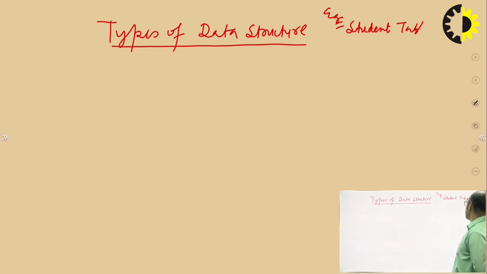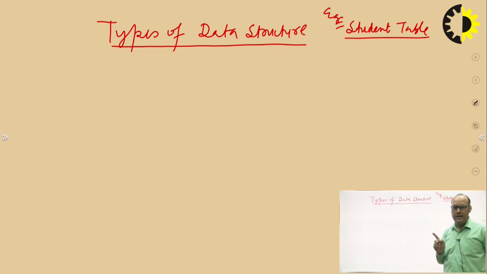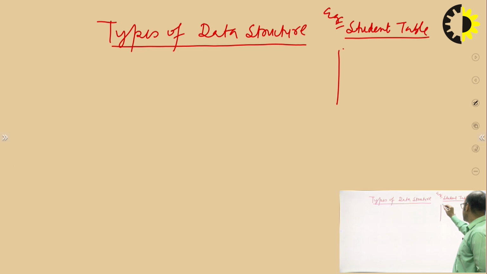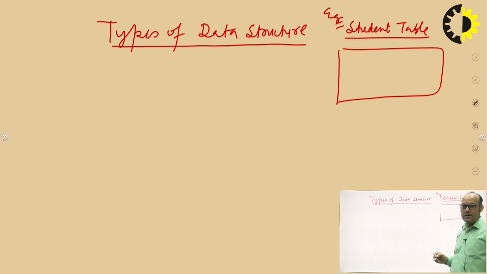So what will happen when I say table? A structure comes into your mind, isn't it? And that student table will consist of a number of rows and columns. What are the columns? Number one, serial number, that automatically comes to your mind. Then the name of a student, if we are making the student table. Then father's name.